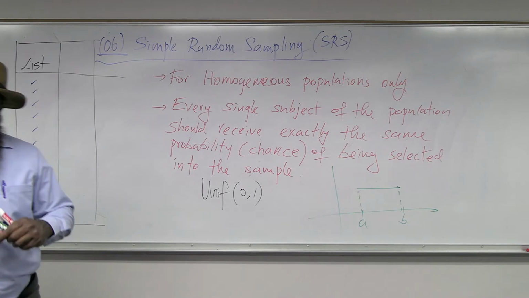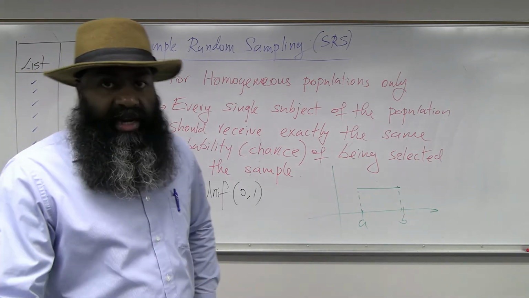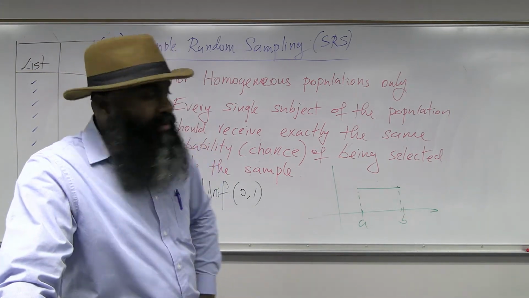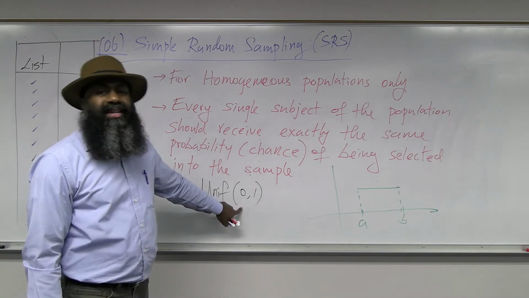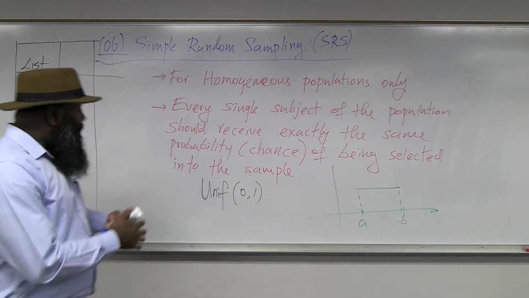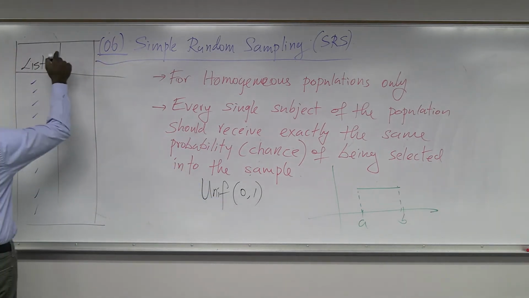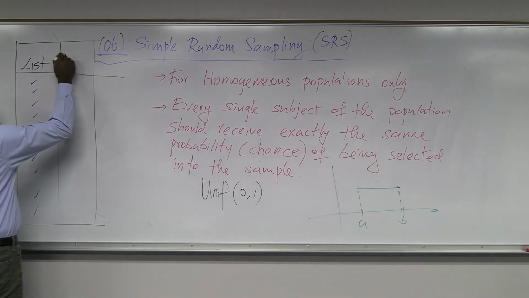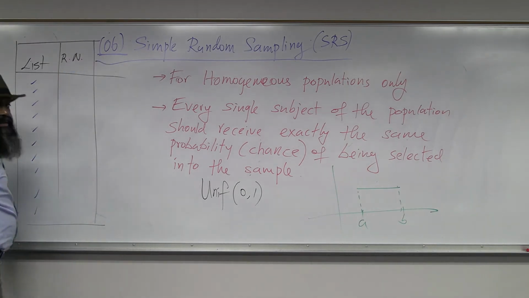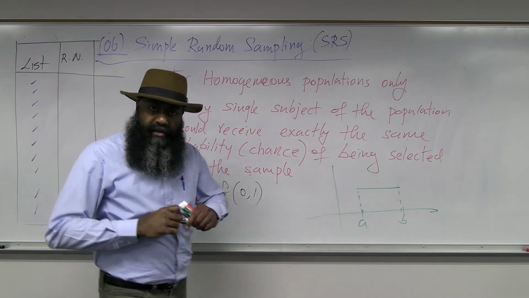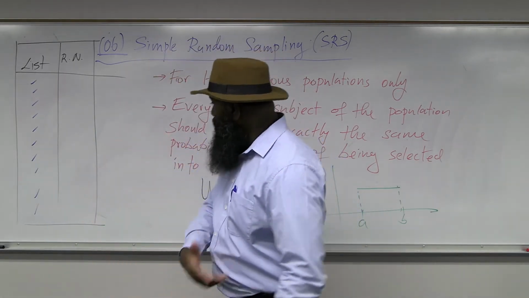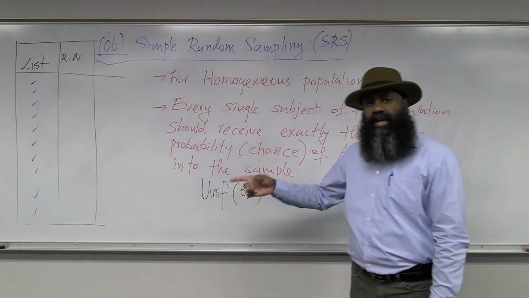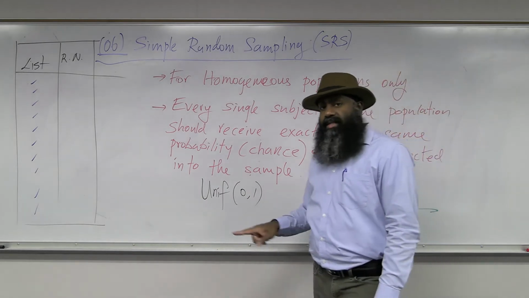We can use MS Excel and generate random numbers from this distribution quite easily. So I will label the second column as random numbers. I'm going to generate random numbers from the uniform 0-1 distribution. 0 and 1, that's not required.